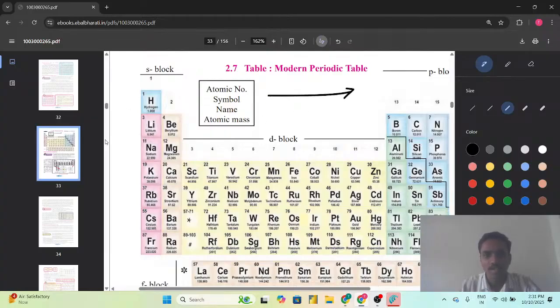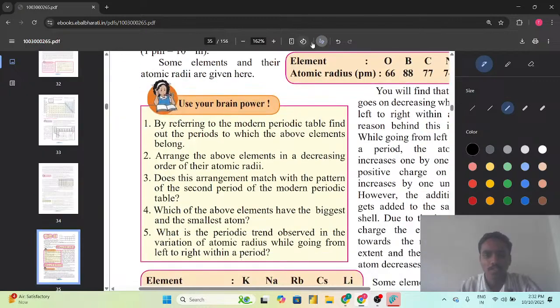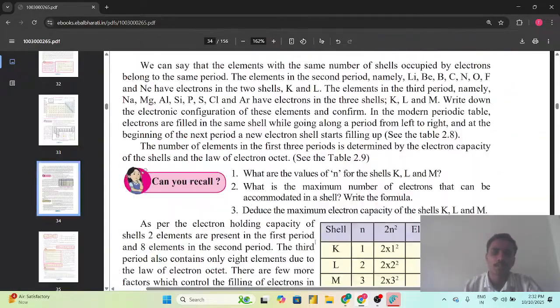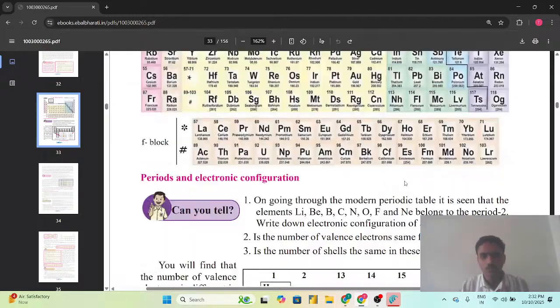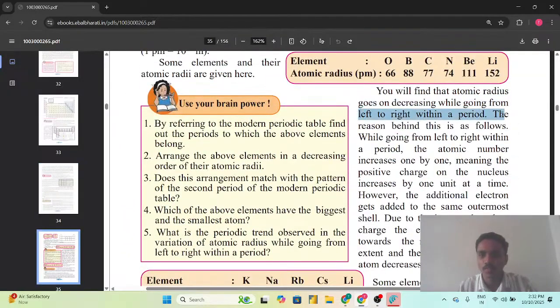When we are moving in this direction, suppose sodium, magnesium, aluminum, silicon, phosphorus and so on, you will find that the atomic radius goes on decreasing. So atomic radius decreases when moving from left to right within a period.